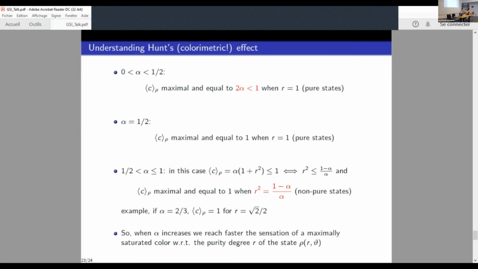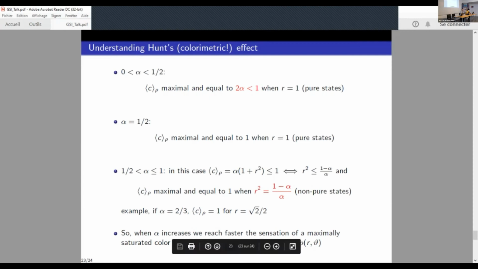Instead, if light is too bright, so we are in the upper part of the double cone, we have that if we do the computation, we obtain this relationship here. And we can see that the expectation value of C on rho is maximal and equal to 1 when R satisfies this equation. And for non-pure state, that is very important to underline.